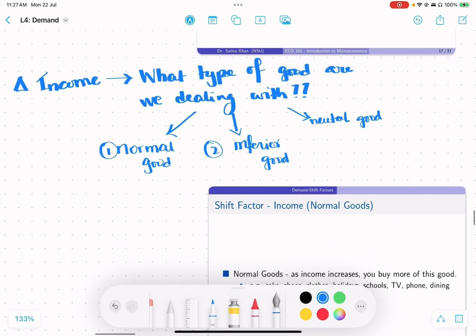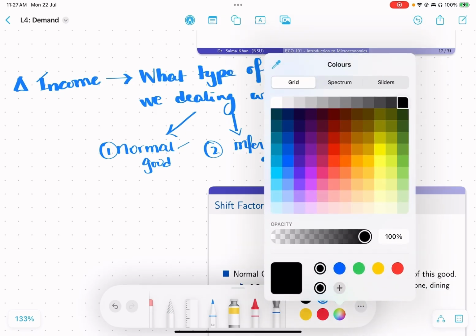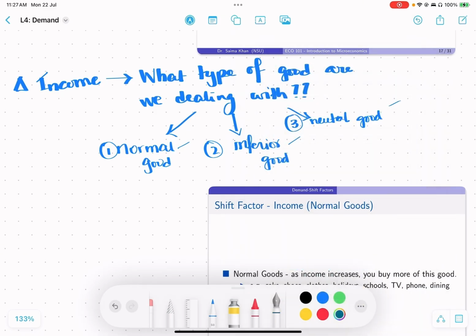All right. I'm going to quickly define normal, inferior, and neutral good for you. A normal good is that good where when income goes up, and income is often denoted by Y, you actually end up buying more of the good.